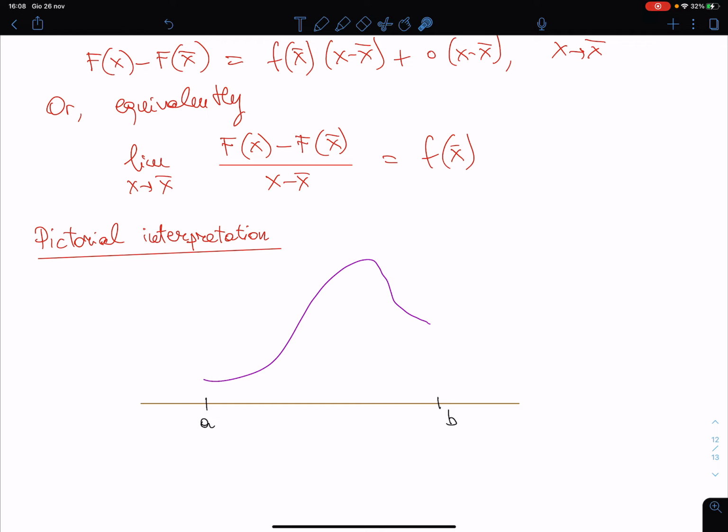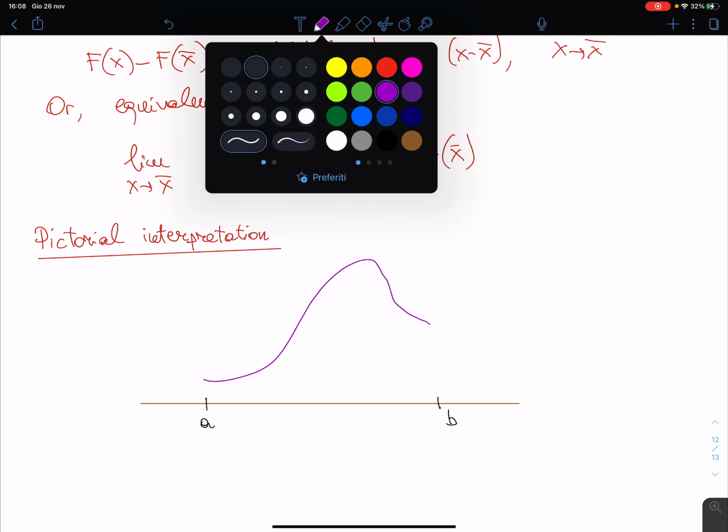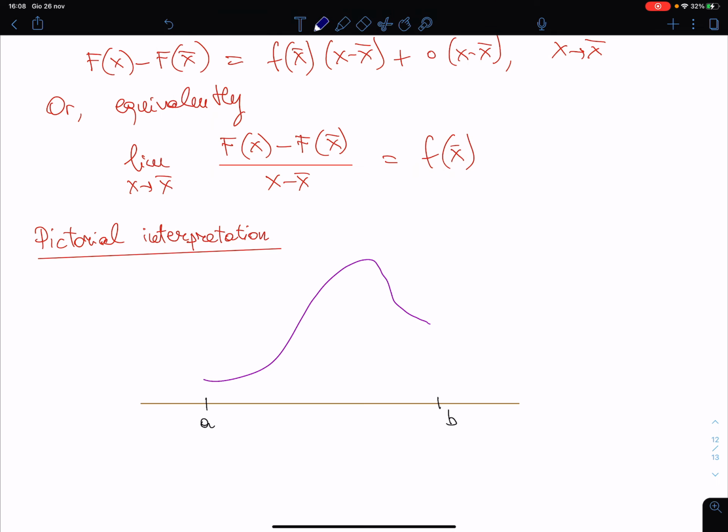Capital F of x. If here we have x, and here we have x bar.